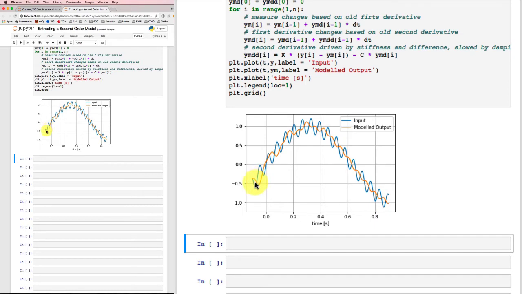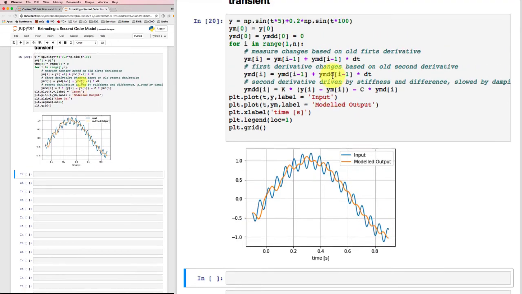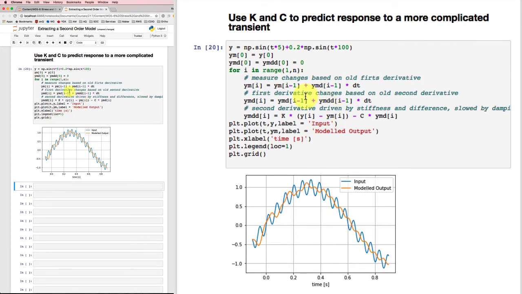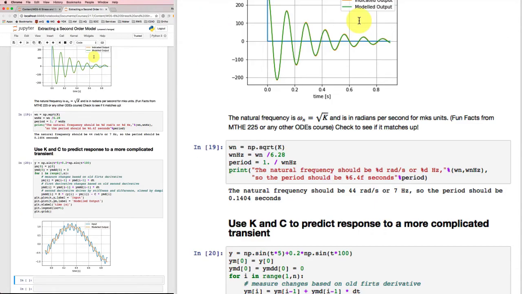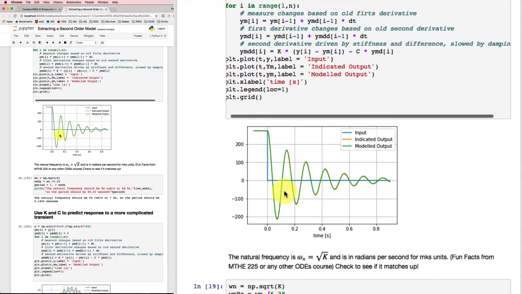So if I wanted to know what the response was going to look like for something like this, I would really need to have a model. To have that model, I would really need to have K and C. I can go back and extract K and C from this step function response by curve fitting to make my modeled response match the actual measured response.